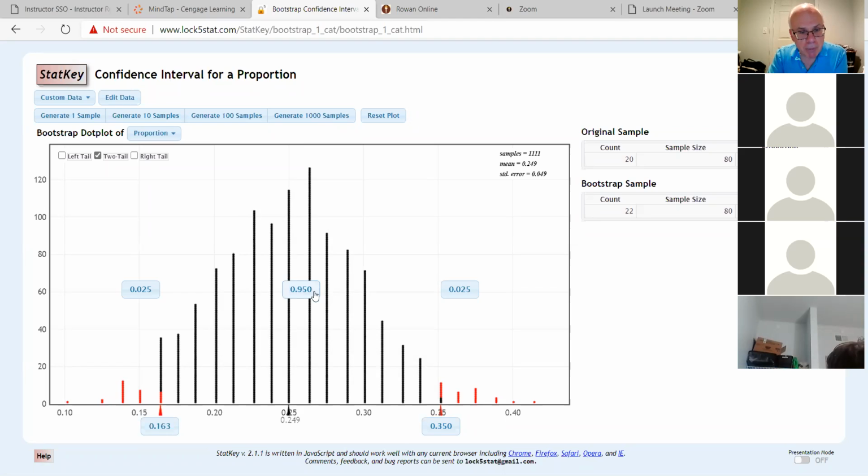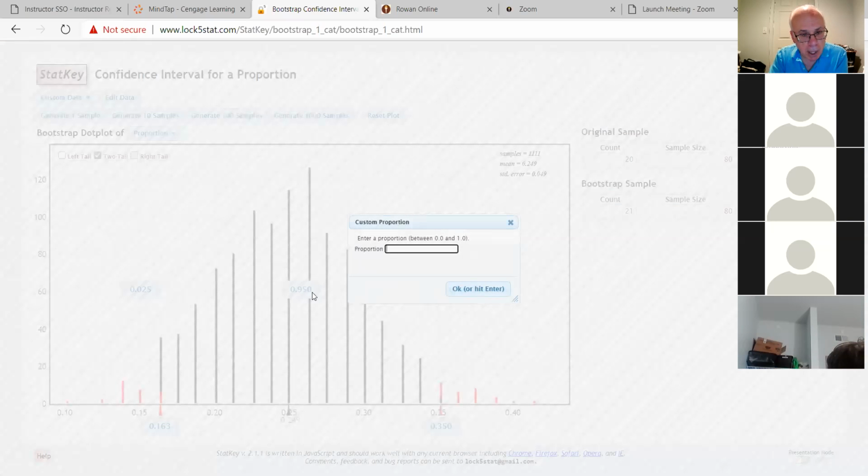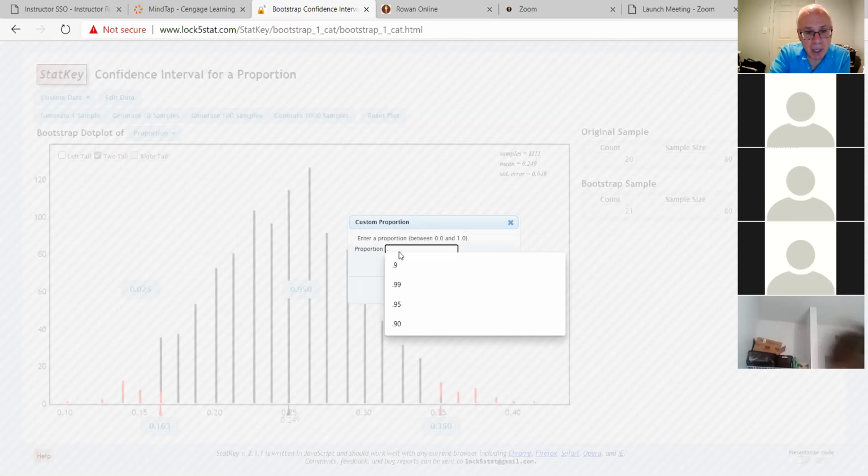Now, what we do to get to 90% is go into this blue cell here that has the 0.95 and click it. And you can put in another proportion. I want to put in 0.9. Now, I have to tell you, when they say proportion here, they're referring to the confidence level. That's another thing I would explain to the StatKey people.